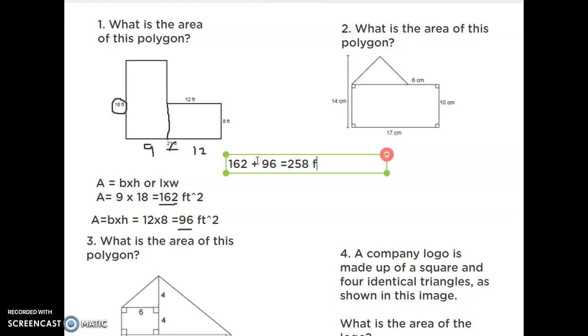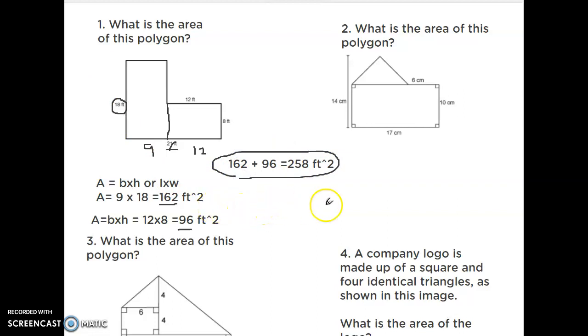And this is still our square feet, or you would type it as feet with the little caret and the exponent of 2. So that would be our total answer for number 1. We could put a circle around it.